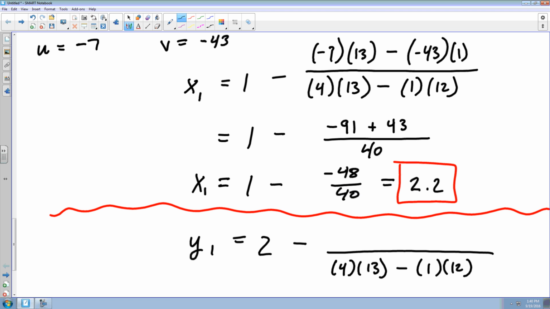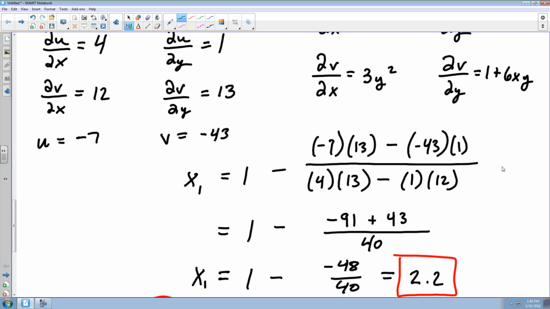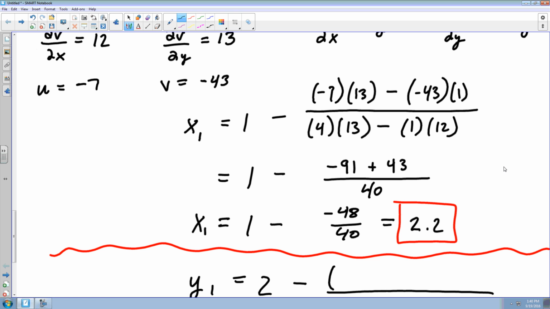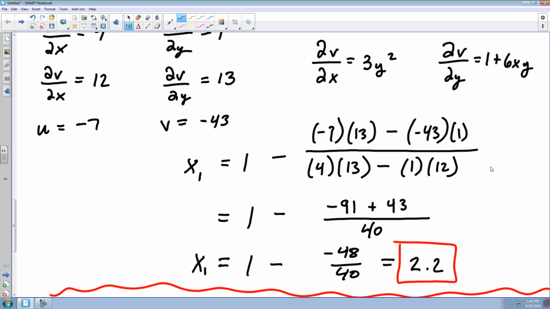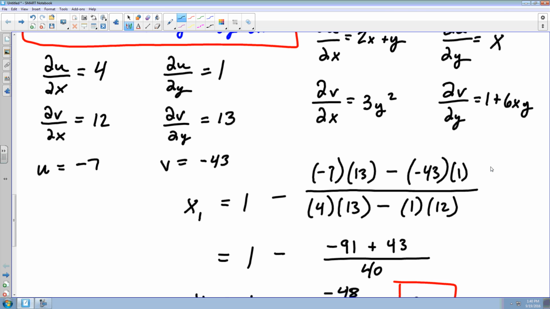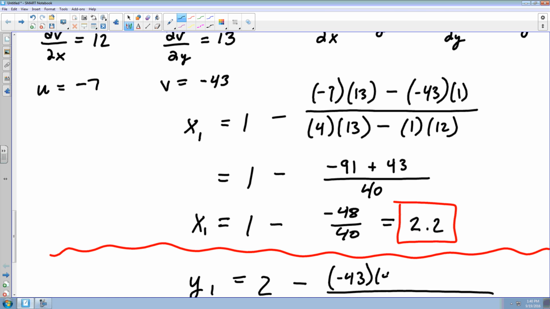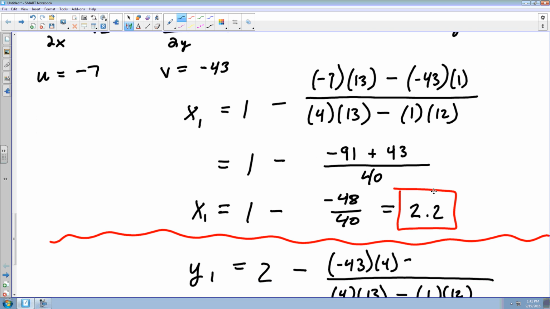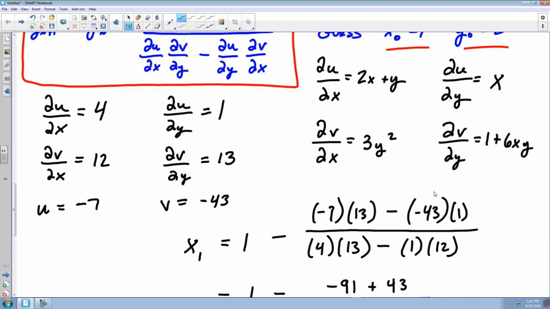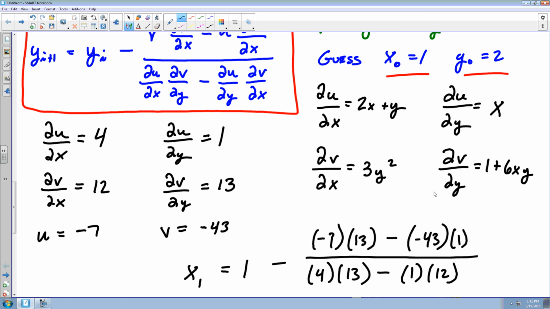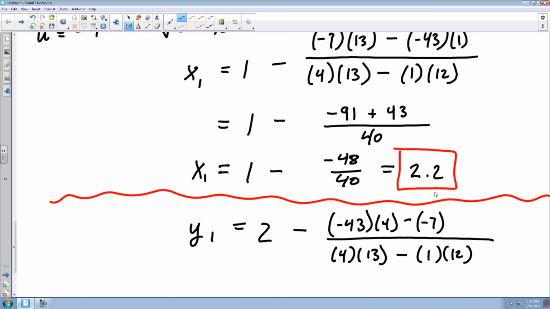It's going to be v sub I, so that's going to be the minus 43 times partial u with respect to x, 4, minus u sub I, which is minus 7, times partial v with respect to x, which is 12. Okay?